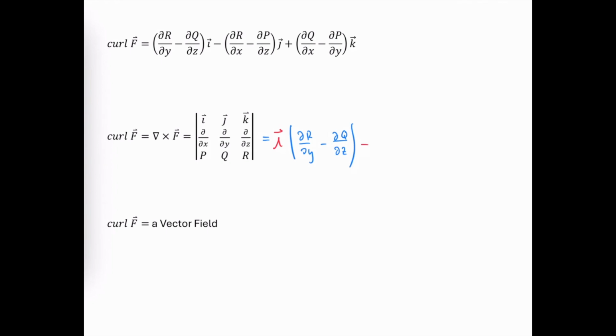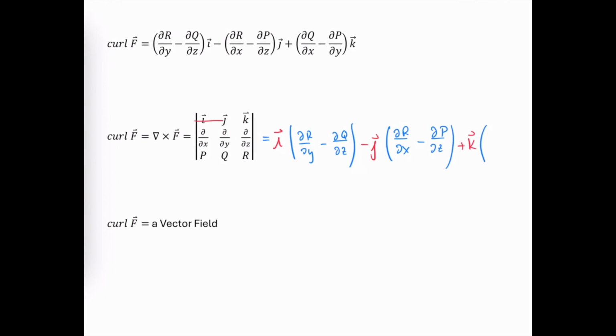And then from that we subtract the j vector times some product. We're going to eliminate the row and column that contains j, and then look at the product of the elements in the main diagonal, which is partial R with respect to x, minus the product of the elements along the other diagonal, which is going to be partial P with respect to z, and then to that we add the k vector times a product.